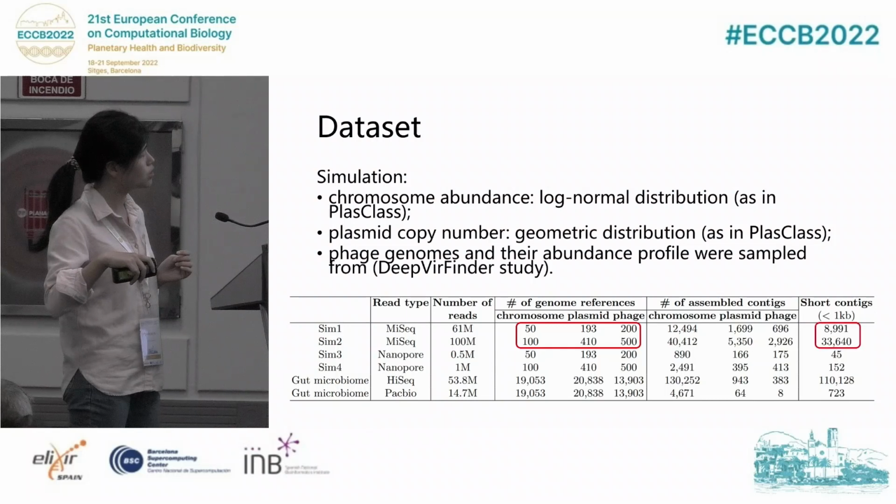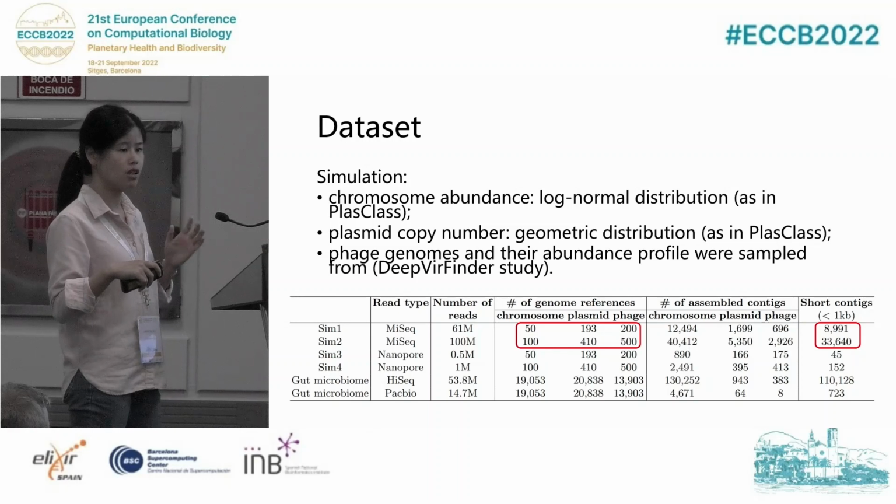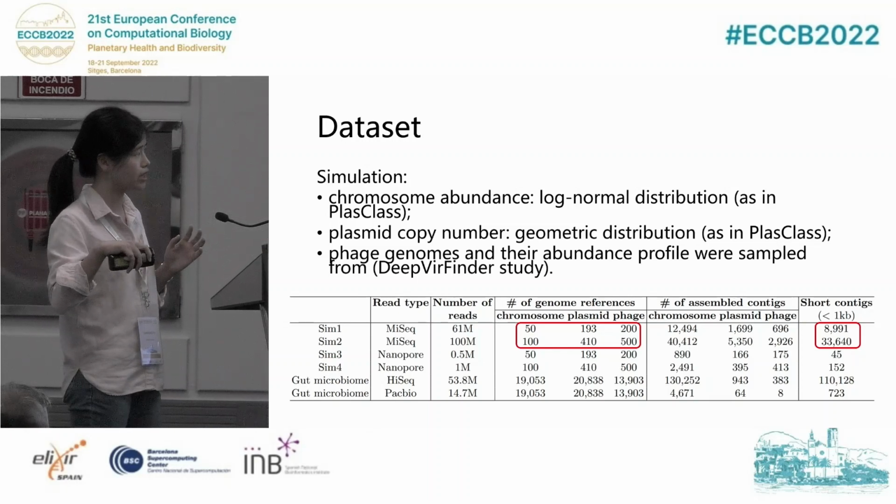One thing you need to notice is that for SIM1 and SIM2, which are assembled from short reads, more than half of the contigs are shorter than 1,000 base pairs, recorded as short contigs. And if you remember, in the previous slides I mentioned all the machine learning-based methods perform very poorly on those short contigs, but those short contigs account for more than half of the short read assembly.